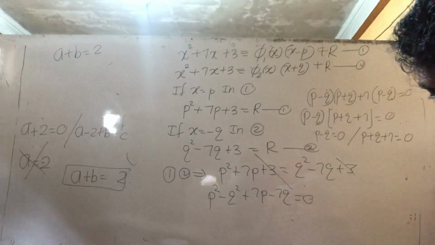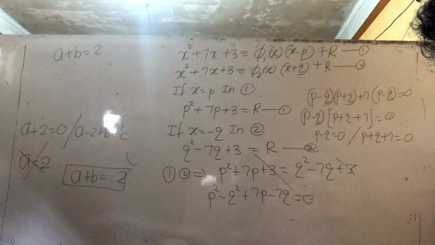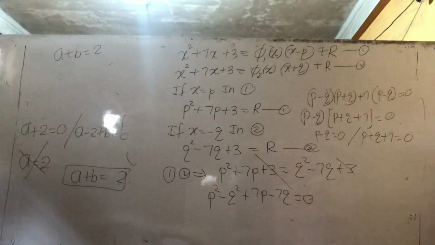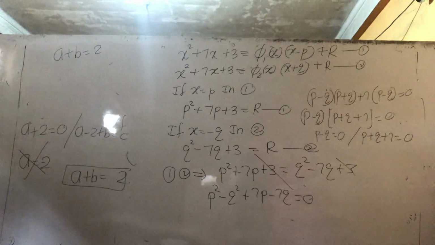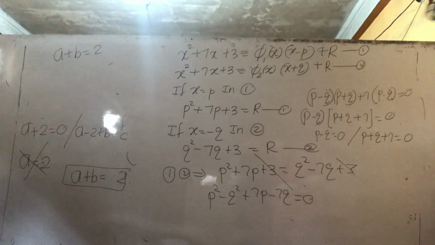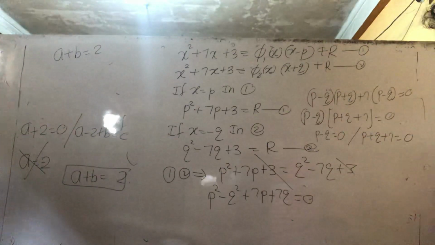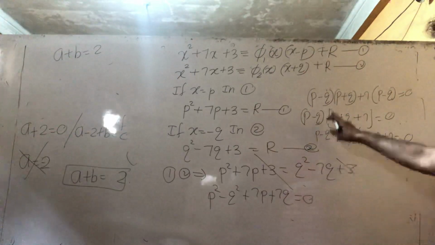Okay, x square plus 7x plus 3 divided by x minus p and x plus q. Put x for p, p square plus 7p plus 3. Put x for minus q, then q square minus 7q plus 3. It's okay. Equate both. In this case, I made a mistake. See that, p square minus q square plus 7q. So p minus q, p plus q.